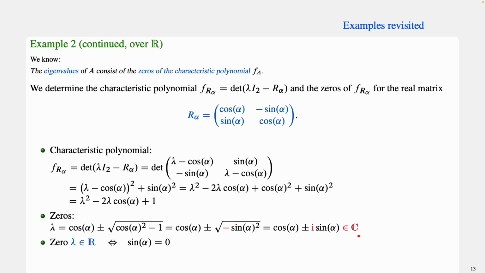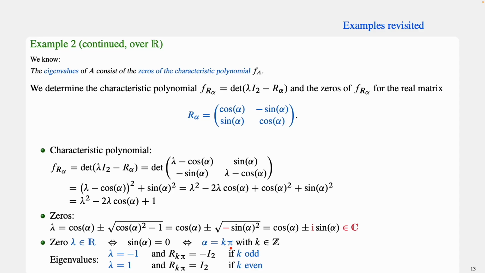And they are only real numbers if this part here, the sine, is equal to 0, because then this imaginary part here in the back disappears. And well, when is a sine function 0? That's precisely the case if the argument alpha is a multiple of pi. And here we reproduce what we already derived before from geometric considerations.